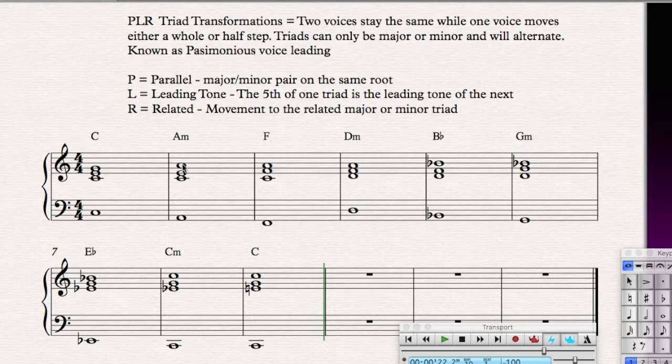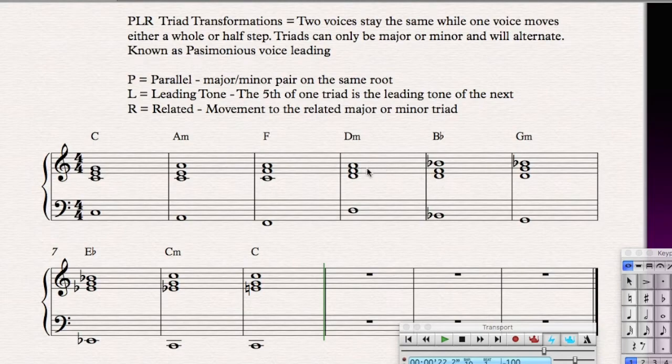In the next movement, we retained the C, we retained the A, and we took the fifth of the chord, used it as a leading tone to F, and we get an F major triad. In the next movement, we once again did a related major and minor triad. We retained these two voices, F and A. We brought the C up to D, gives us a D minor triad.